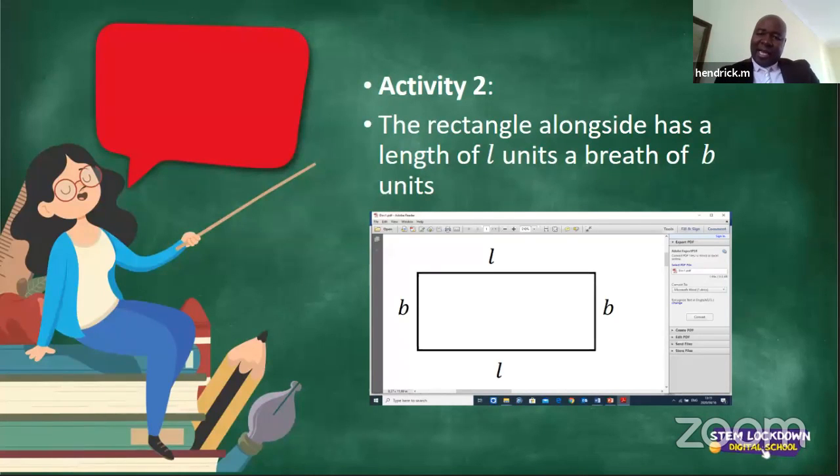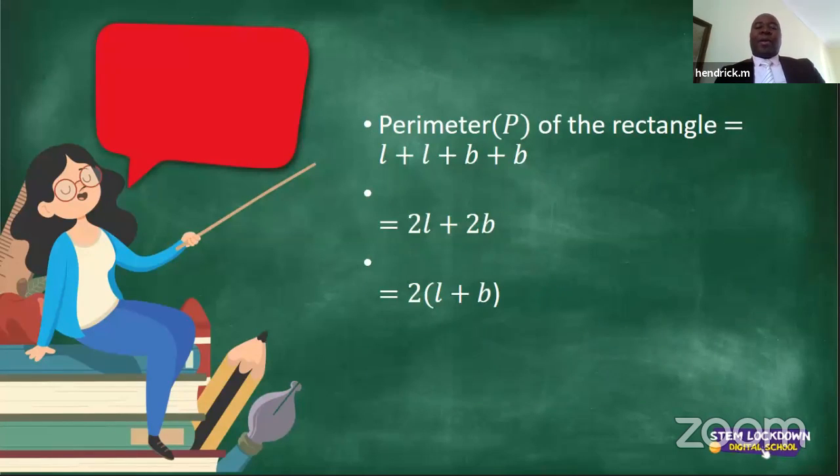The length of the rectangle is represented by L, and the breadth is represented by B. Now we can also calculate the perimeter, just as we calculated the perimeter of a square. We can equally calculate the perimeter of a rectangle.